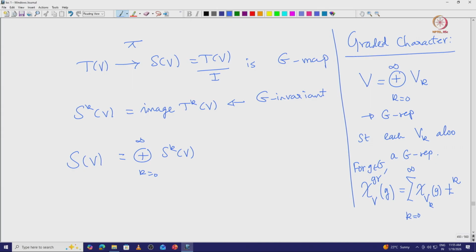So, this is the generating series of the characters of V_k, where the coefficient of t^k is the character of V_k. This is what we call the graded character, and we will compute it for the tensor algebra, symmetric algebra, as well as the exterior algebra. So, S(V) is indeed a graded G representation, and similarly T(V) is also a graded G representation.